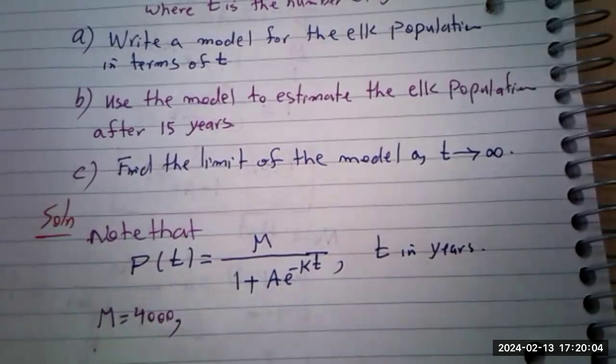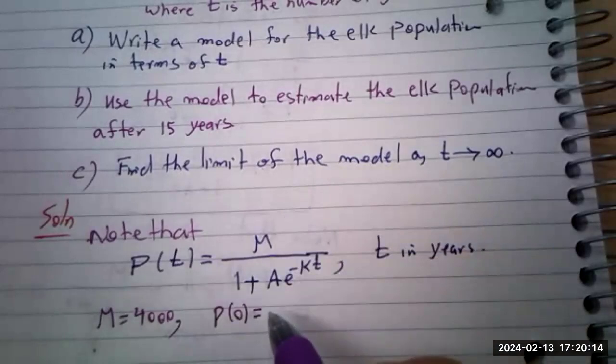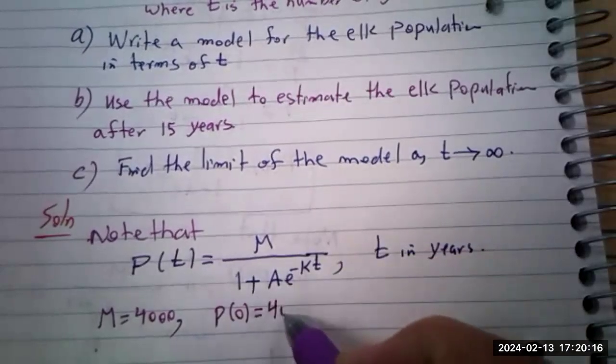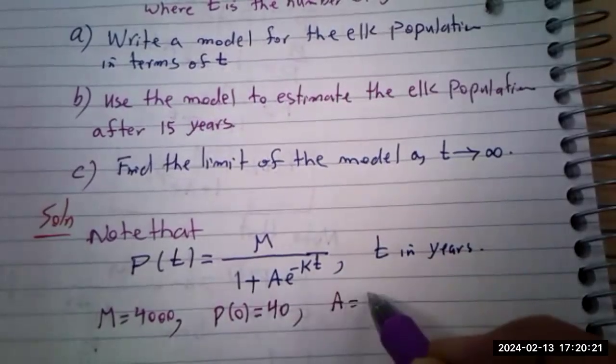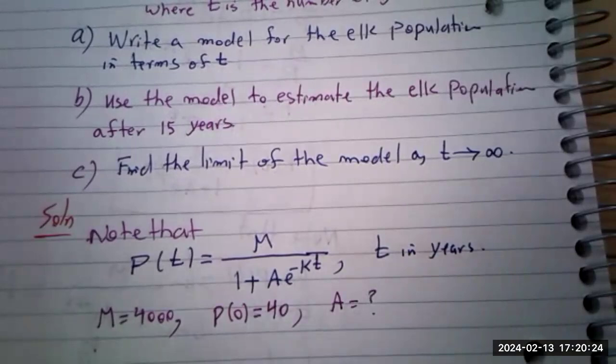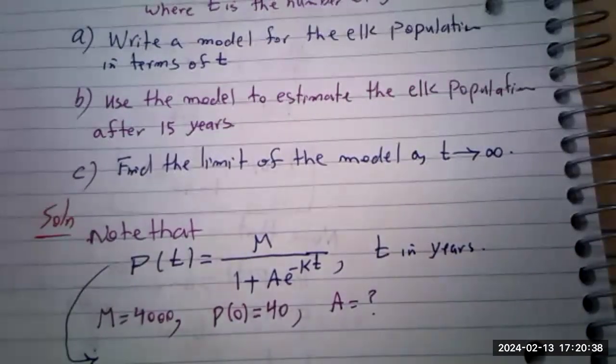Then in order to find the A, you need to check the initial value. Initially, at the beginning, you start with 40. So P of 0 is equal to 40. Quickly you can apply this to get the A. Substitute: T equals 0 here.